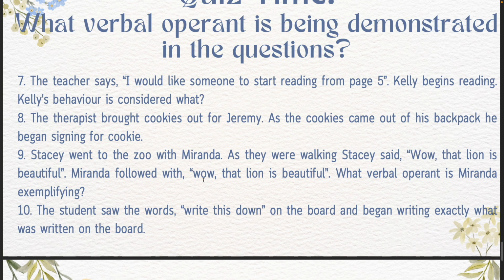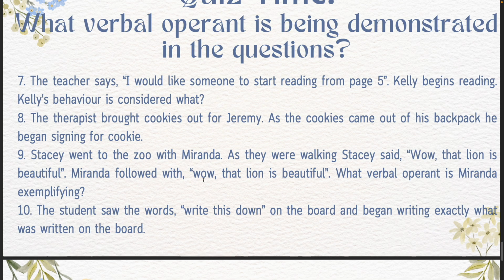We want to know what's Kelly's behavior. Okay, great job. So this one is going to be our listener respond, simply because the teacher's asking something and Kelly's doing it, right? So Kelly's behavior is going to be that listener responding. She's listening to the question and then she's doing it.